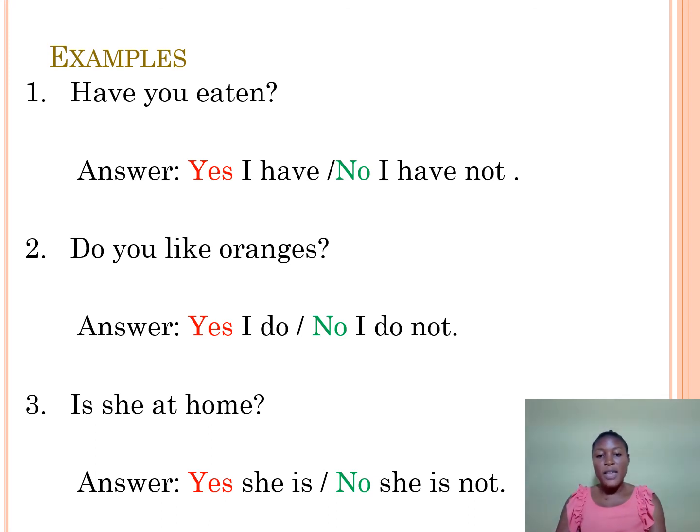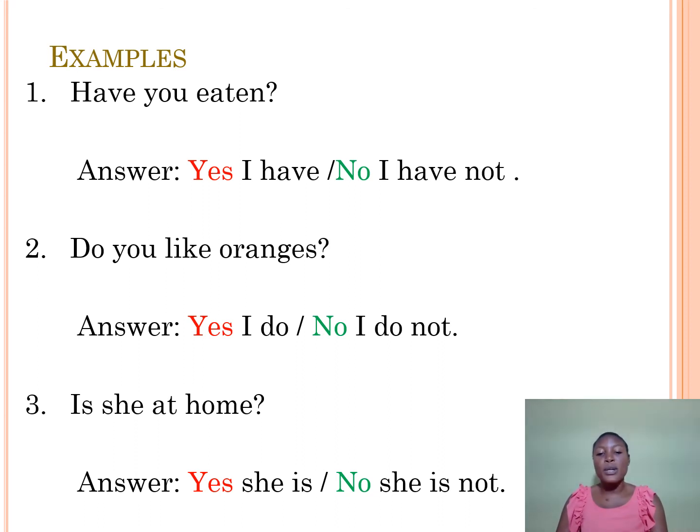So you see that throughout the answers, the verbs in the sentences were repeated in the answers. So in the first question, we have "have" in the question, and then coming to the answer, you can see the "have" repeated there as well.